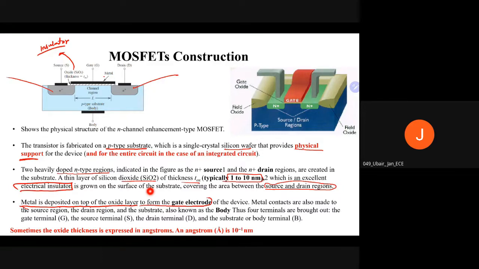So this metal on the top of the silicon dioxide, this entire black region, is nothing but the gate terminal. Okay. Metal contacts are also made to source region, the drain region, and the substrate, also known as body. Thus, four terminals are brought out: the gate terminal, the source terminal, the drain terminal, and the substrate or the body terminal from this MOSFET.